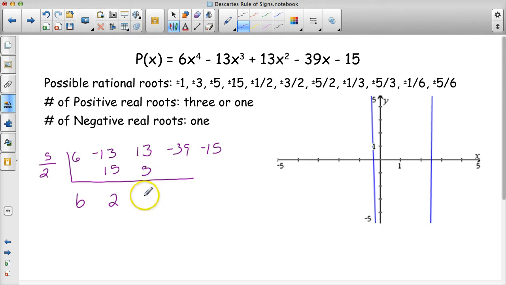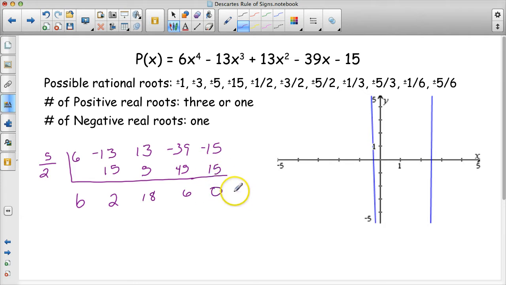And 13 plus 5 is 18. And 18 times 5/2, well, 18 divided by 2 is 9, and 9 times 5 is 45. And 45 plus -39 is 6. And now we already know 6 times 5/2, that's 15. And 15 plus -15 is 0.